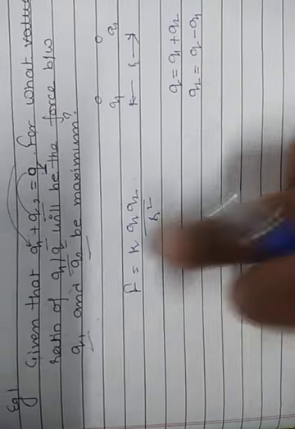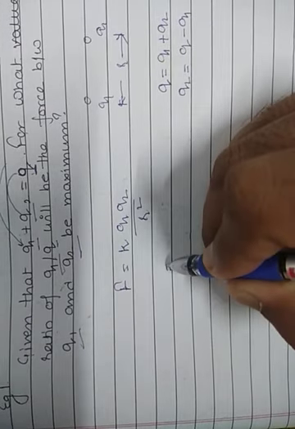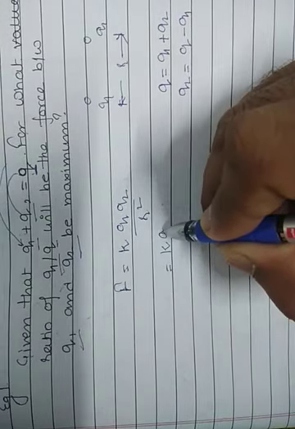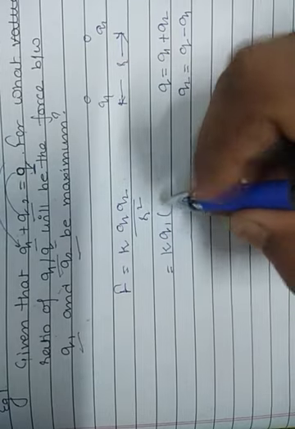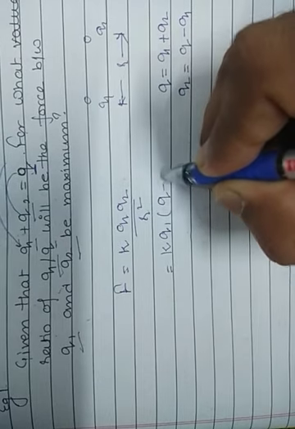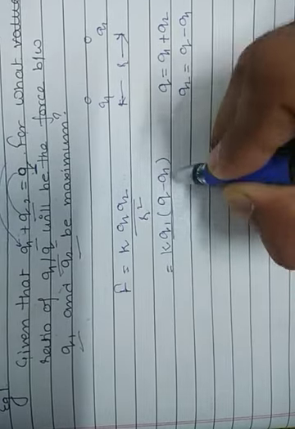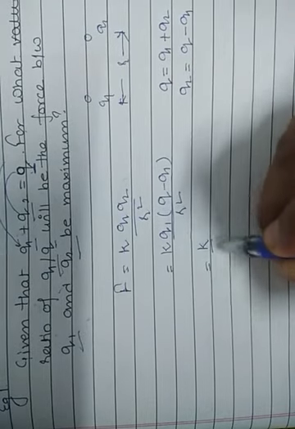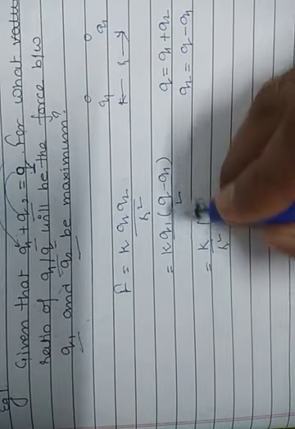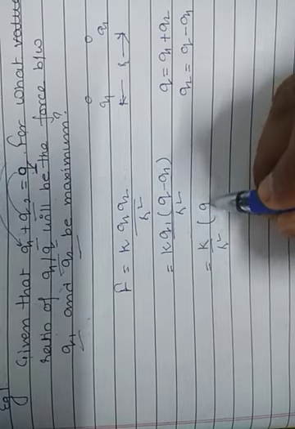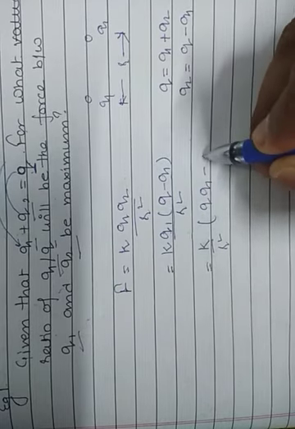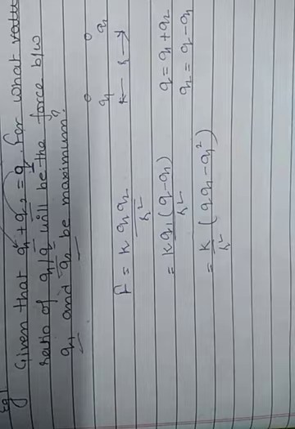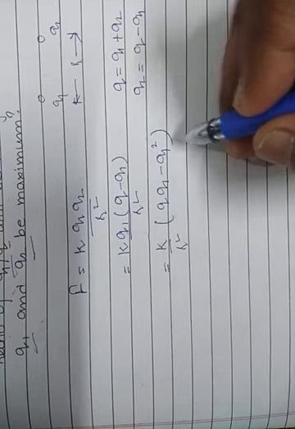So I will substitute this value here. It becomes K Q1 times (Q minus Q1) upon R square, and we can also write it as K upon R square times (Q Q1 minus Q1 square).